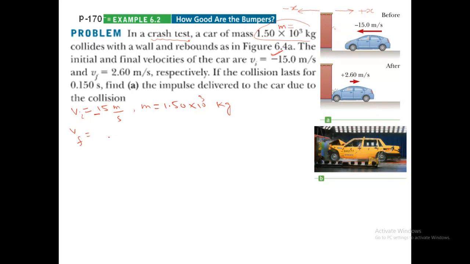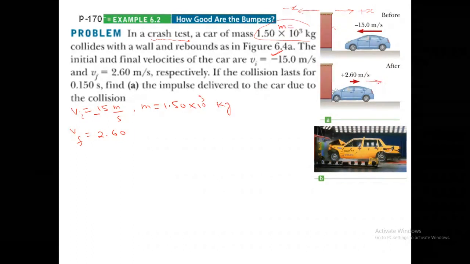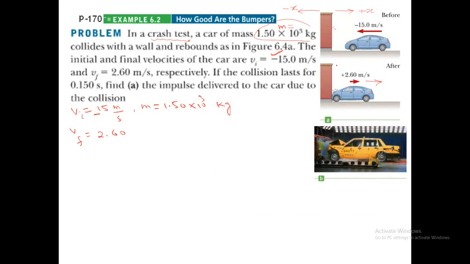Initial velocity is minus 15 because it is along the negative x-axis. Yes, minus VI. Final velocity is 2.60. It's positive because it is going to the positive x-axis. So this is the final velocity and this is the initial velocity.